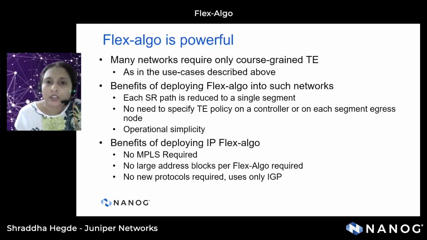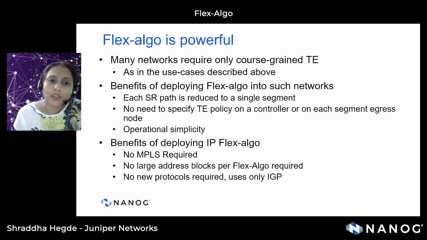And also you don't need any controller or a head-end based computation engine, and you just use the IGP compute to come up with these paths. And operationally, it is simple because the FlexAlgo configuration, the constraints and other FlexAlgo definition configuration can be done on only a few nodes, making it operationally simple.